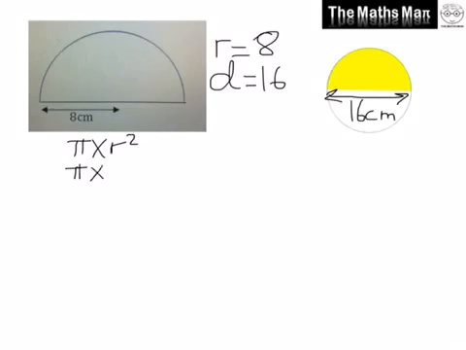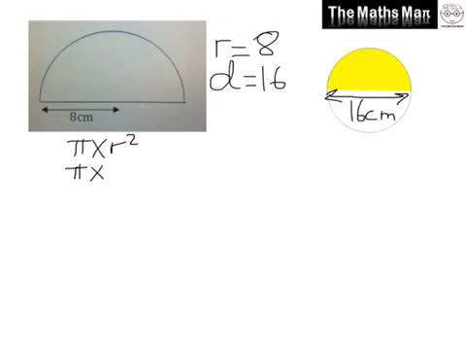So that is pi times by 8 squared. Now we know that's a semicircle, so we just divide our answer by 2. And that gives us 100.5 centimeters squared. So that there is our area.